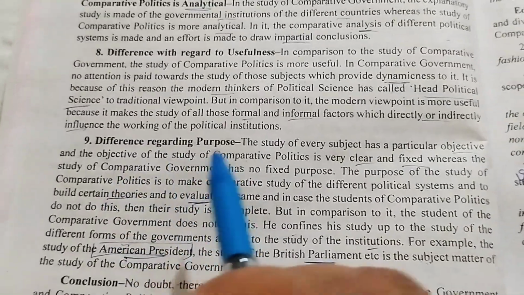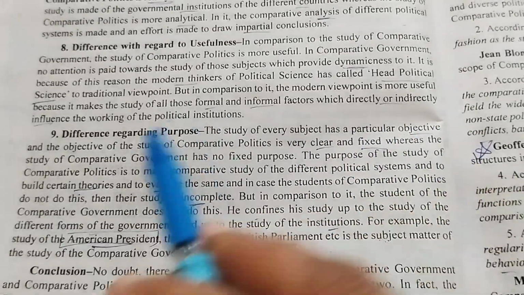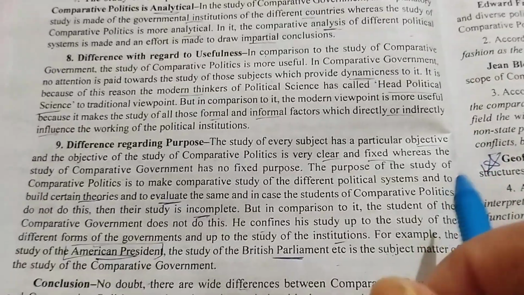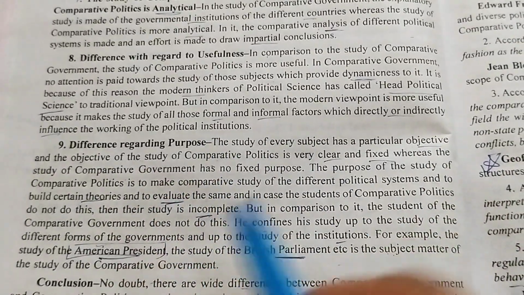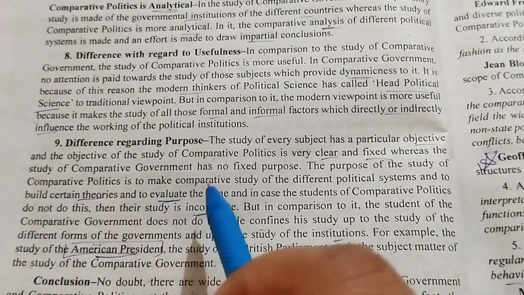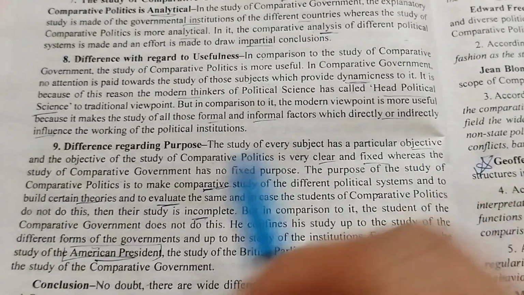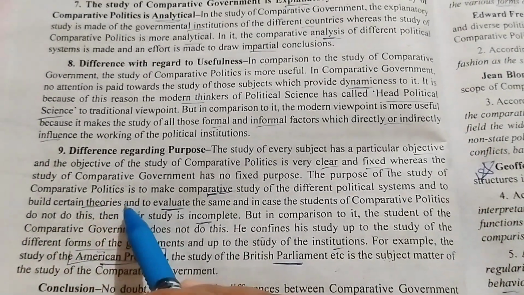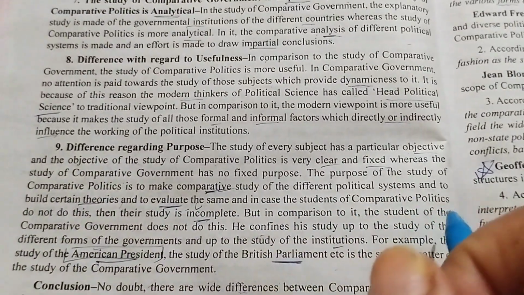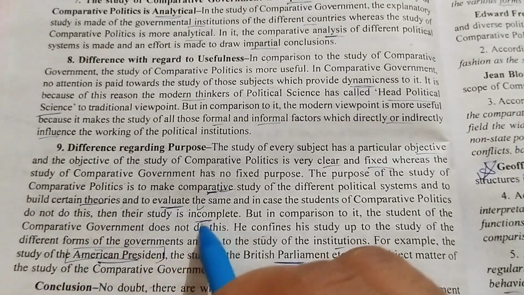Now, the next difference regards purpose. The study of every subject has a particular objective, and the objective of comparative politics is very clear and fixed, whereas the study of comparative government has no fixed purpose. The purpose of comparative politics is to make a comparative study of different political systems, to build certain theories and to evaluate them. If students of comparative politics do not do this, their study is incomplete.